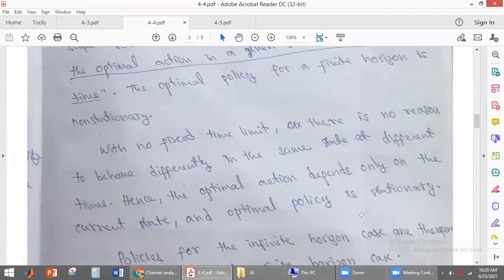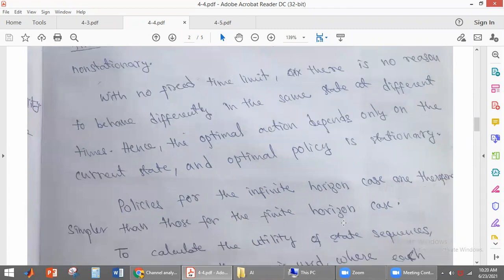So from this, we can say that the optimal action is not changing with respect to time for infinite horizon. So what is the optimal policy here? It is not changing with respect to time, which means it is stationary. The optimal policy is stationary in this particular case.